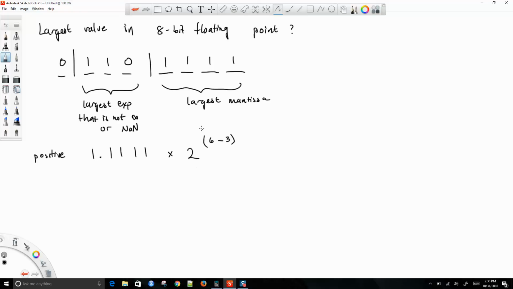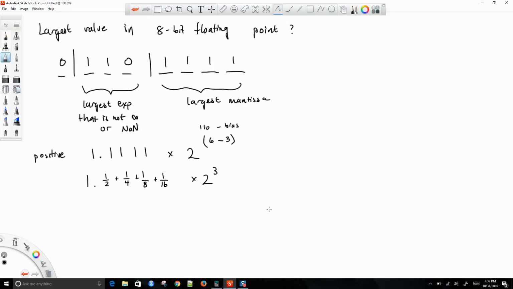This is 110 minus the bias. So what is this? This is 1 plus 1/2 plus 1/4 plus 1/8 plus 1/16, times 2 to the 3, or 8.